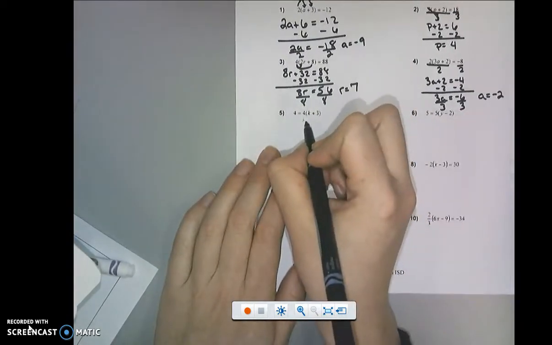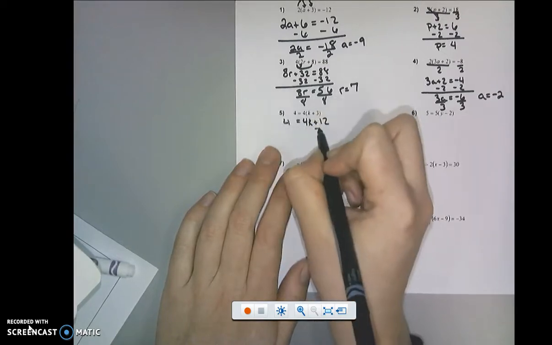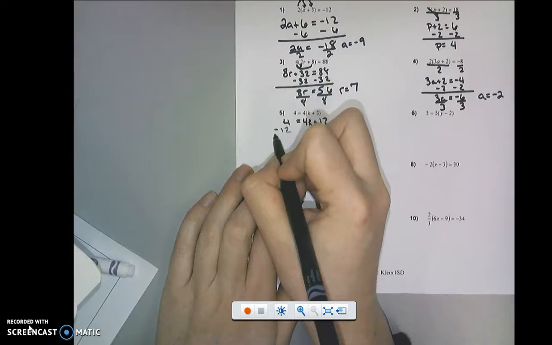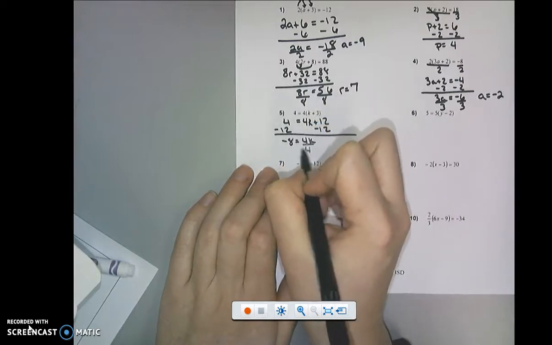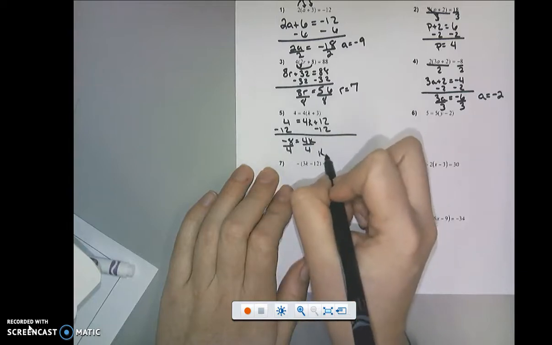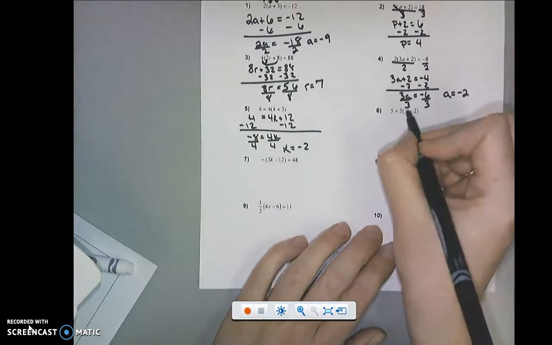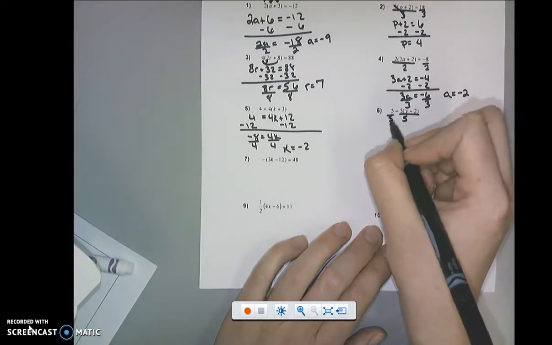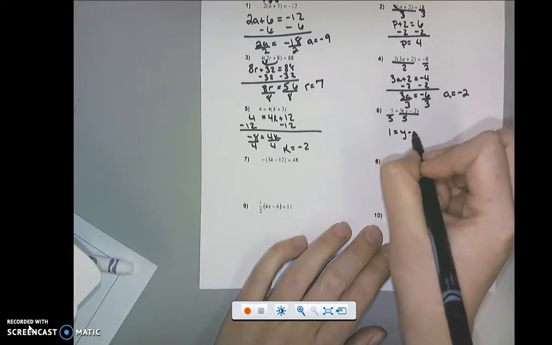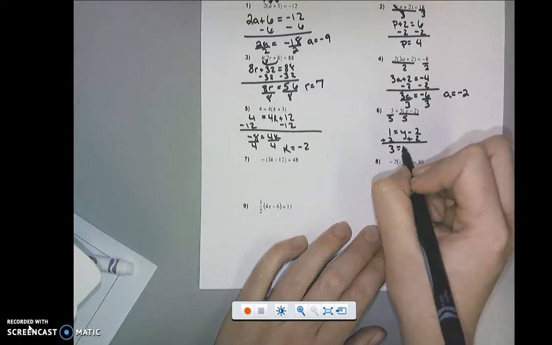Over here I'm going to distribute, so I have 4k plus 12 equals 4. Minus 12, minus 12. Negative 8 equals 4k. Divide by 4, k equals negative 2. Since 5 does divide quite evenly, 5 divided by 5 is 1, y minus 2, add 2, 3 equals y.